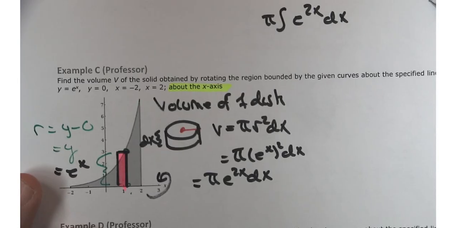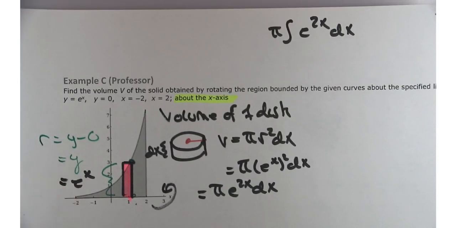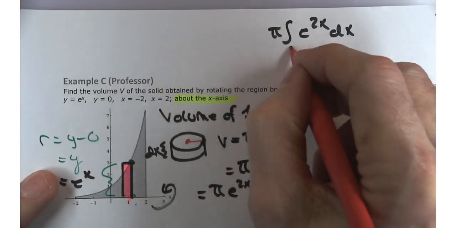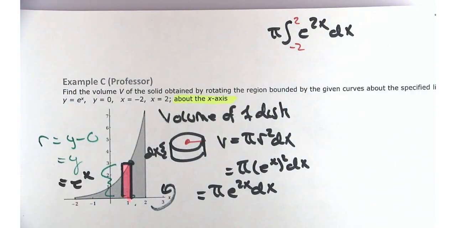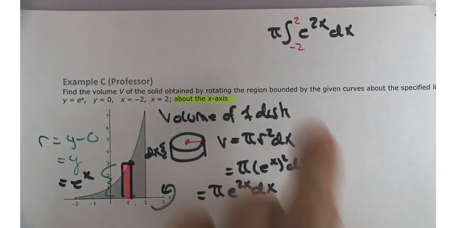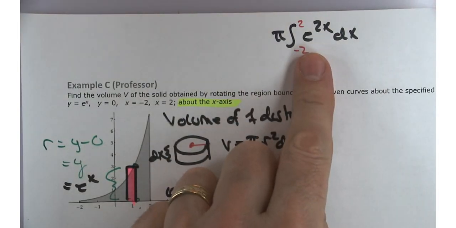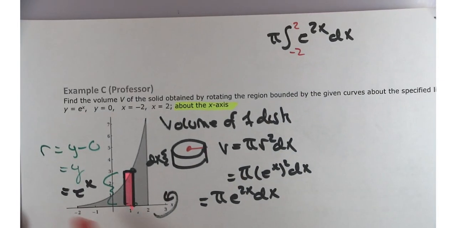What should be my limits of integration? Negative 2 to 2. Now you guys are really good about spotting something on the last exam. We have a symmetric interval, but is this an even function? No. An even function would be symmetric with respect to the y-axis. So we can't do anything fun like double the integral.